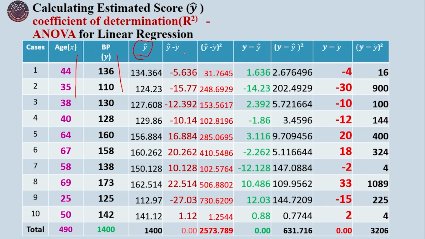The regression value is y cap, the predicted value, minus the mean value of y, that is 140. So we subtract 140 from all these predicted values and get the regression. Then comes the regression sum of squares, which we discussed in the previous example also. We square all these terms, and then we get the regression sum of squares.